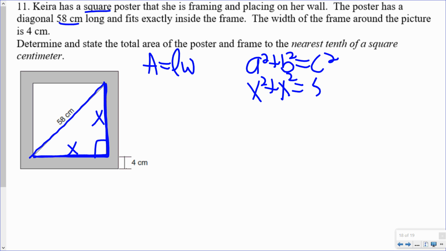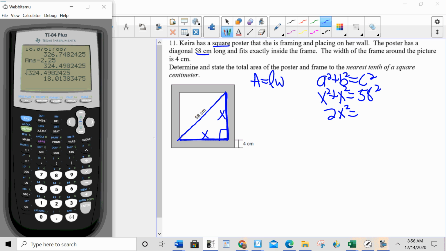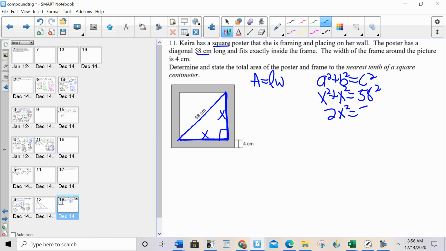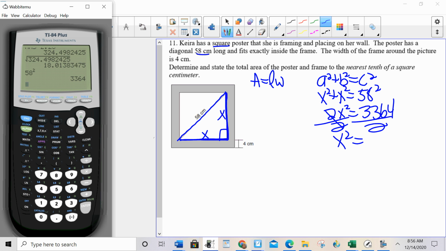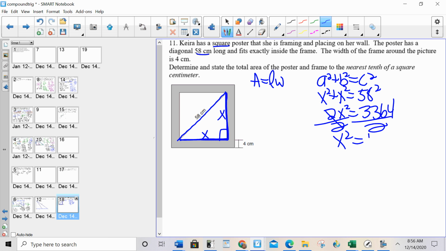The hypotenuse is 58. x squared plus x squared is 2x squared. 58 squared is 3364. 3364 divided by 2 is 1682.